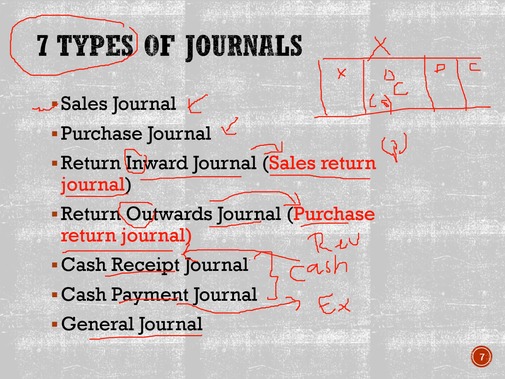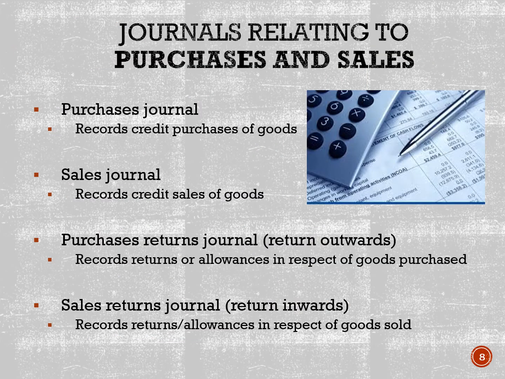Okay, so this one I dah explain in the next slide. Okay, what related with the purchase journal adalah record credit purchase of good. Okay, this one is keyword. Credit purchase of good. So apa-apa purchase of good, kita kena masuk dia dalam purchase journal. And then kalau sales journal, macam mana kita contoh dalam question nanti, dia kata Alia purchase of good by credit.